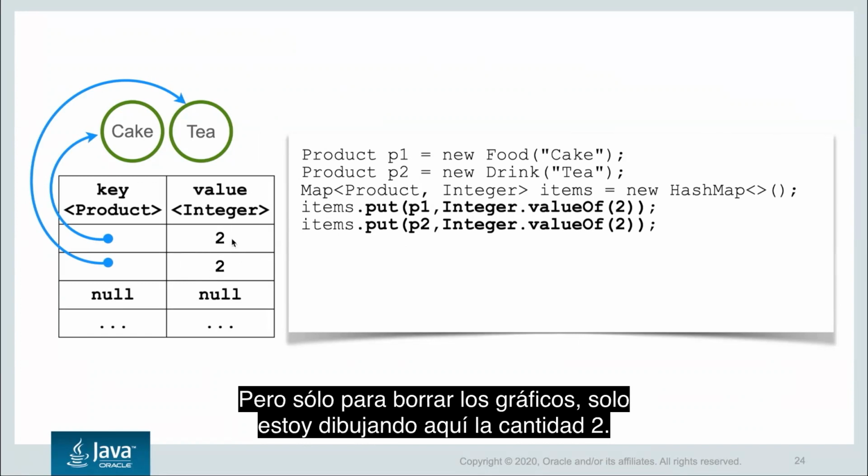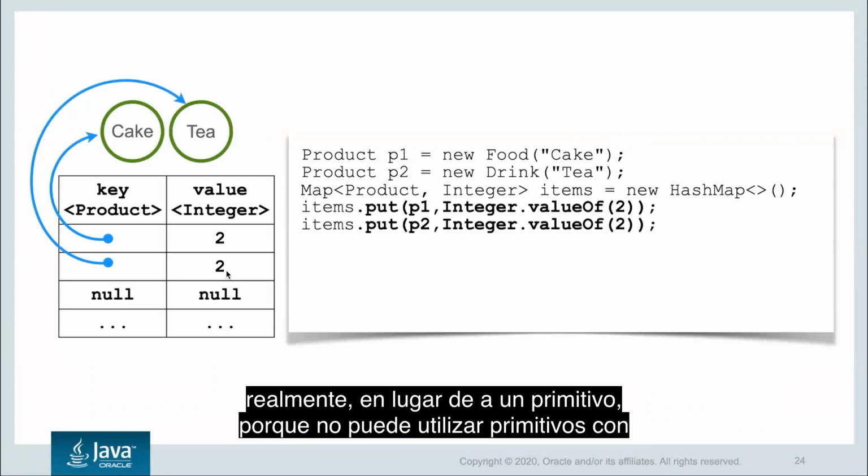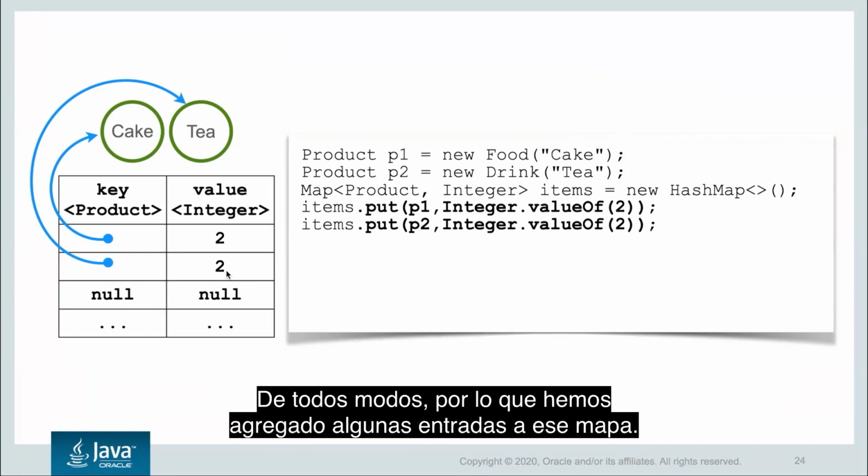But just to declutter the graphics, I'm drawing the number 2. In fact, you need to realize it's a reference to the Integer object rather than a primitive, because you cannot use primitives with the collection API; you have to use objects. Anyway, so we've added some entries into the map.